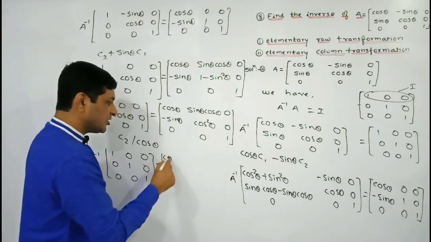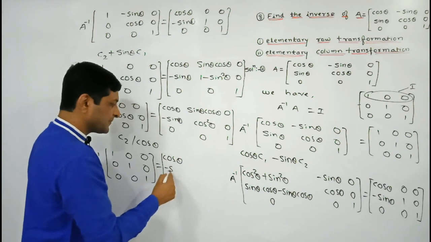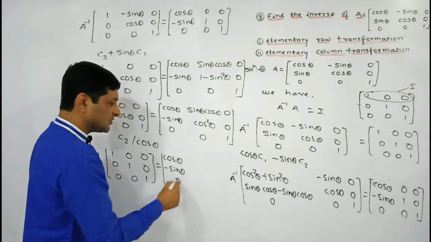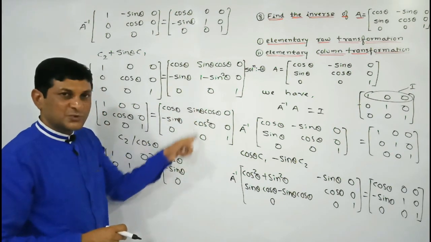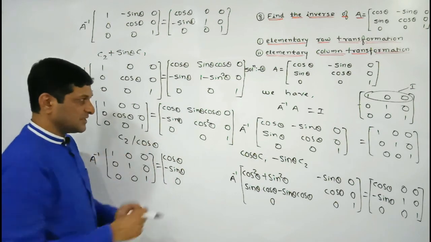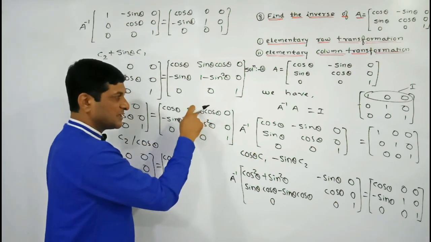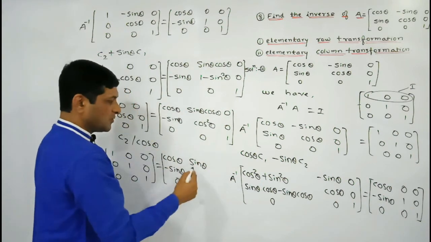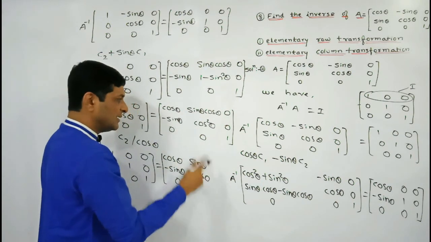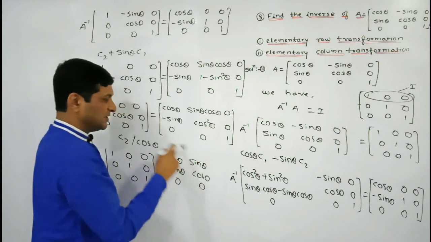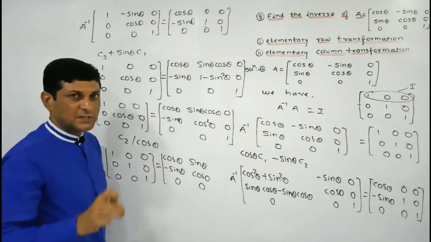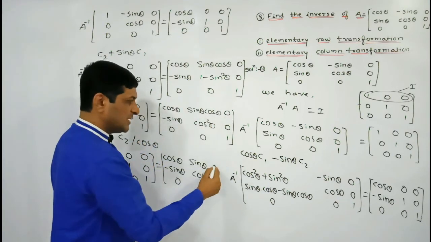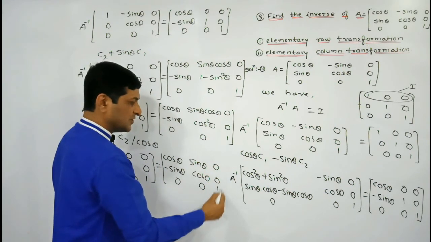Perform the same operation on C2 on this side very carefully. Keep the element of C1 as it is: cos theta, minus sin theta, 0. Just simply we are dividing C2 by cos theta. Divided by cos theta, cos will get cancelled, the remaining term is sin theta. Cos square upon cos will be cos theta, and 0 upon cos will be 0. In this way we have performed this operation on the element of C2. Keep the element of C3 as it is: 0, 0, 1.